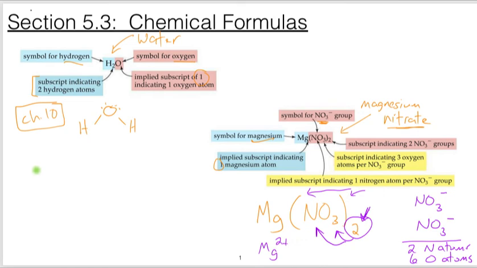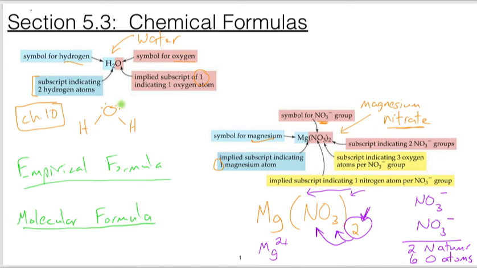The last thing I want to say about these 2 molecules is that they are what's called the empirical formula and the molecular formulas for water and magnesium nitrate. The empirical formula is the simplest ratio of atoms.